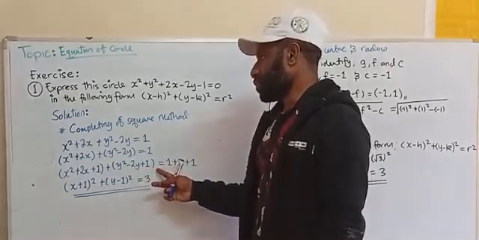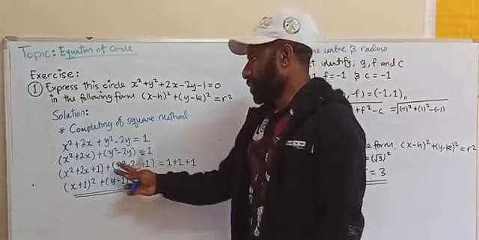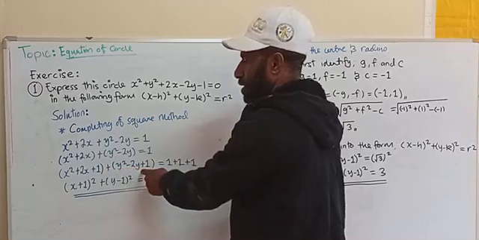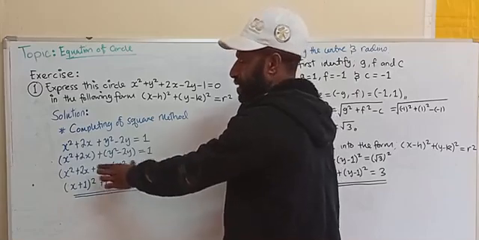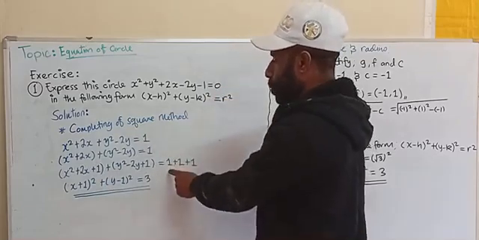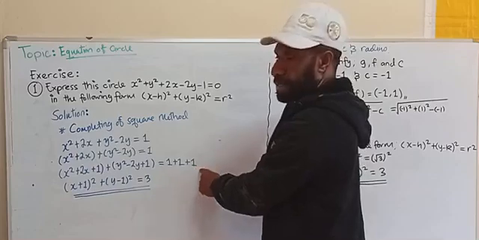On our left hand side, we have added 1 and another 1, so we have to balance it on the right hand side as well. That's why we have 1 plus 1 plus 1.